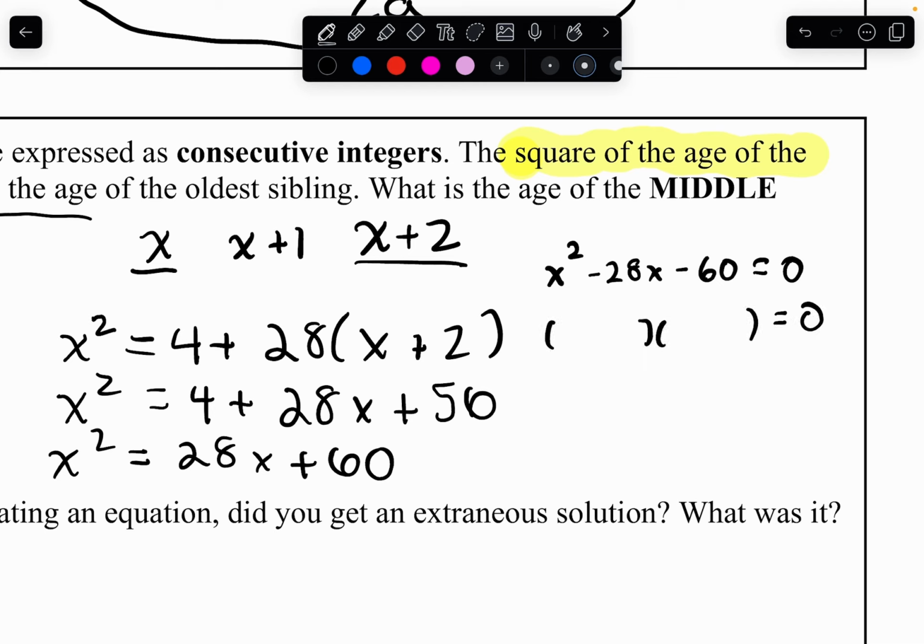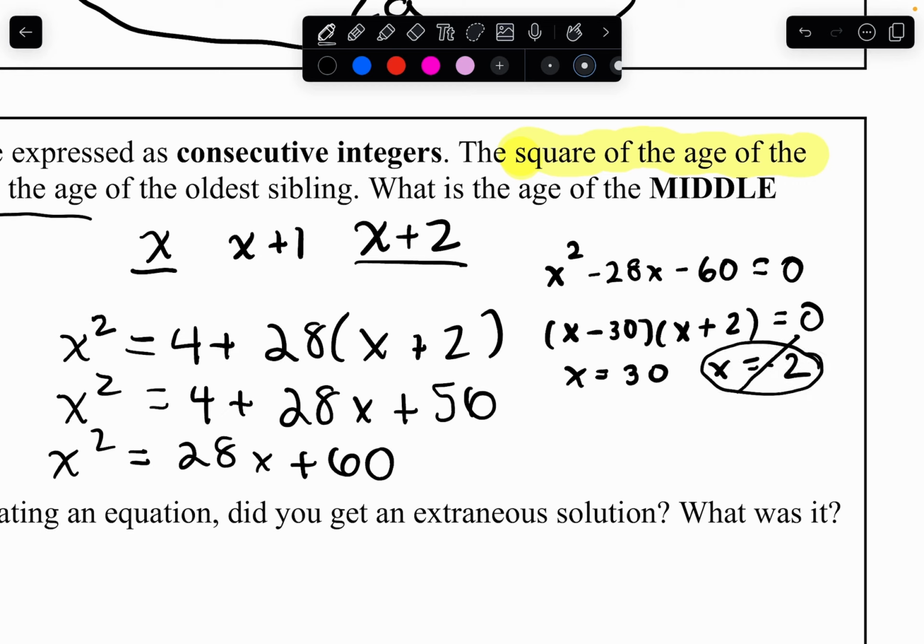And now you're going to try and factor that. Find two numbers that multiply together to give you negative 60, but added together give you negative 28. So we have x, and I think those two numbers are going to be 30 and 2, with the 30 being negative and the 2 being positive. Therefore, x is equal to 30 and x is equal to negative 2.